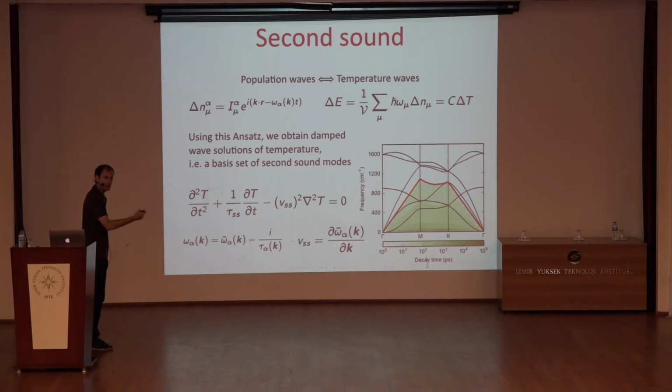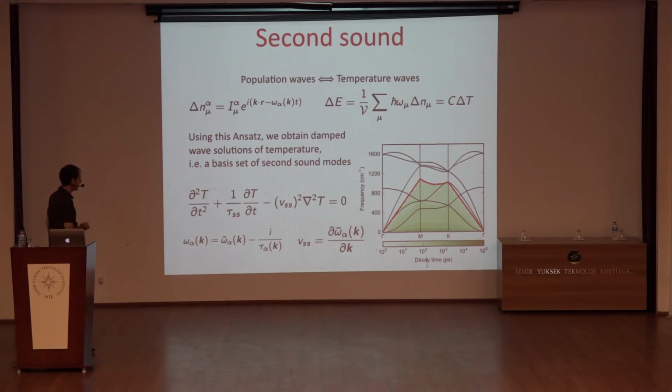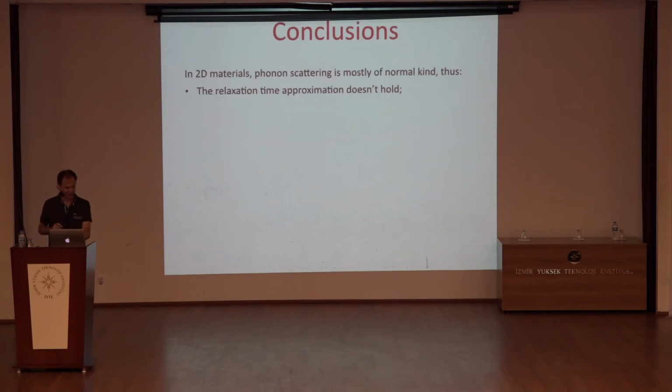So you can view the Boltzmann transport equation as a basis set of n second sound modes and get a dispersion relation, a second sound velocity, decay time, and compare that also with phonon frequencies, and also get a connection on how you could associate in the future a frequency to the relaxons that I was talking about before. Okay, so I think I have run definitely out of time.